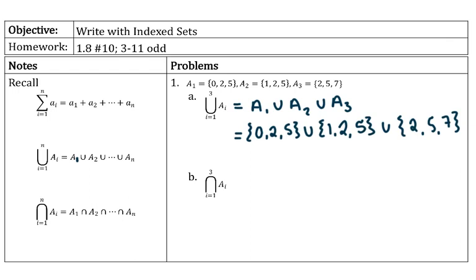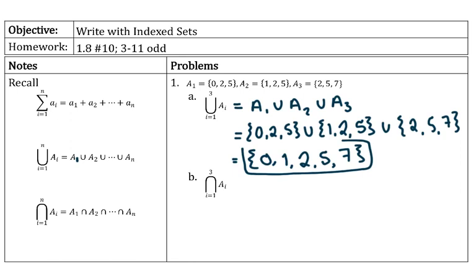So here we have all of our sets written out, and the union is all of the elements in any of them. So we have 0, and we write them in order. So the next one would be 1. So we have the 0 here, 1, and then 2, which we only write once even though it shows in all of the sets. In order, next would be 5, and then 7. And this would be the union of the index sets from 1 to 3.